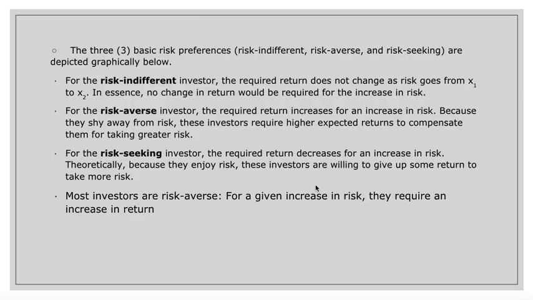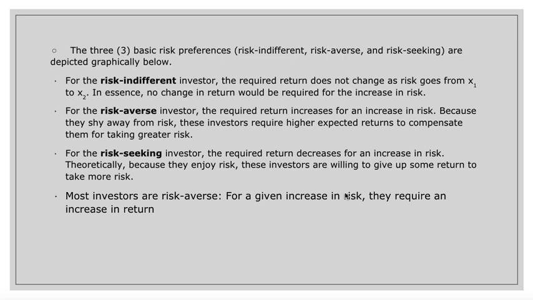And then for the risk averse investor, required return increases for an increase in risk. This is normal. When the investor needs to take more risk, they expect high return. For the risk-seeking investor, required return decreases for an increase in risk. This is the person who enjoys the risk.